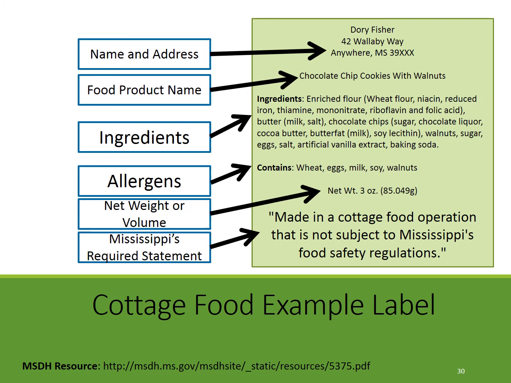The allergens can either be within the ingredients, clearly stated, or you can have it as a contains statement after the ingredients. You need to include the net weight or net volume of a product. And lastly, you must include the statement "made in a cottage food operation that is not subject to Mississippi's food safety regulations." This statement must be in a clear 10-point size font.